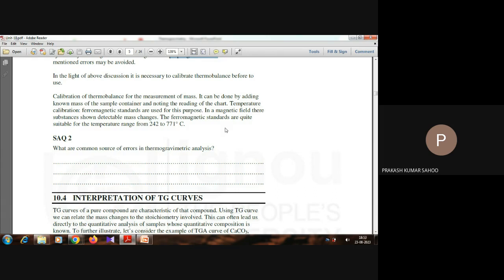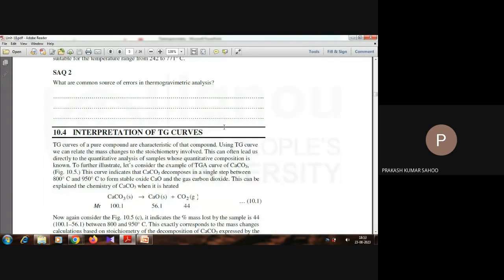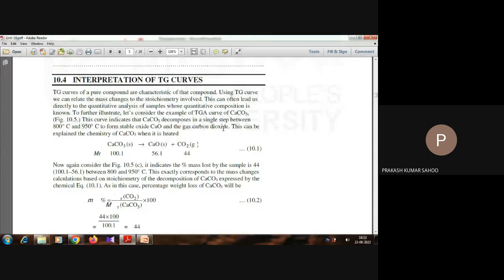In a magnetic field, these substances show a detectable mass change. The ferromagnetic standards are quite suitable for the temperature range from 242 to 771 degrees centigrade. So these are the standards used. So how can we interpret the TGA curve?